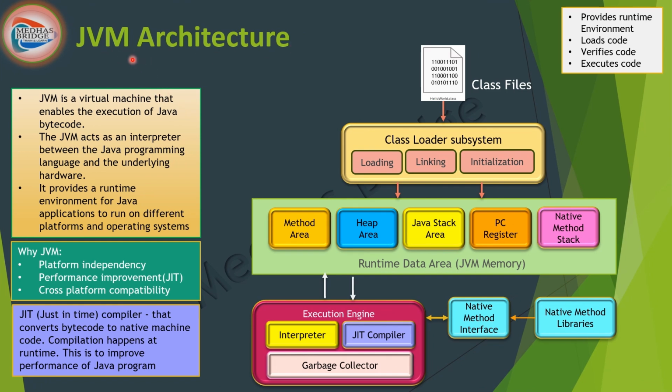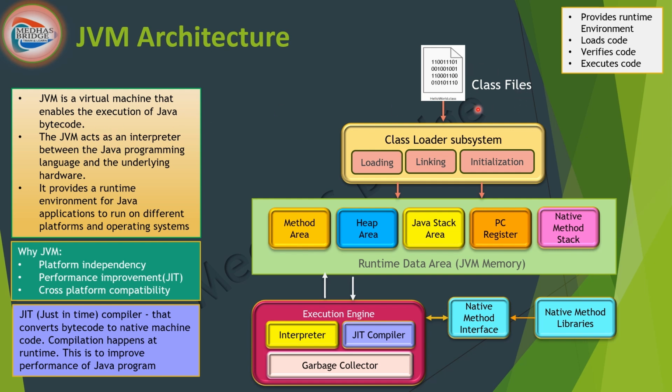JVM architecture, Java Virtual Machine Architecture. Okay, so what is meant by JVM, and what are all the things that are there in the JVM is what you are going to see from this slide. So JVM is a Java virtual machine that enables execution of Java bytecode, right?